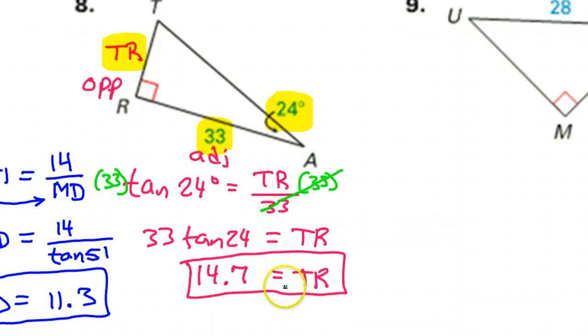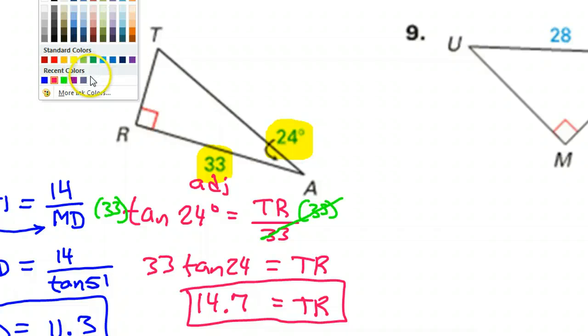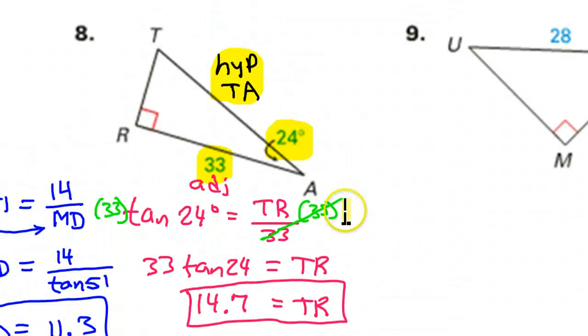Okay, so that's TR. Now we have another side to find. So let's think about what that is. The other side we have to find is TA. Now TA is the hypotenuse. So that means at this point, let me highlight that. We've got the adjacent leg and the hypotenuse. What trig function does that remind you of?